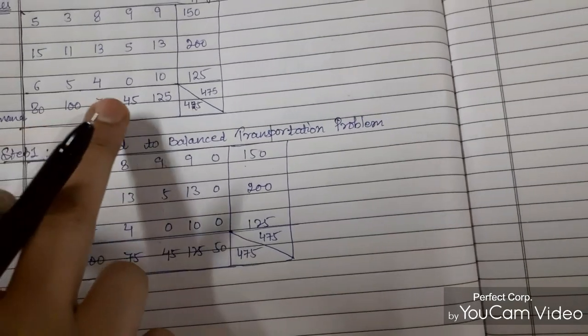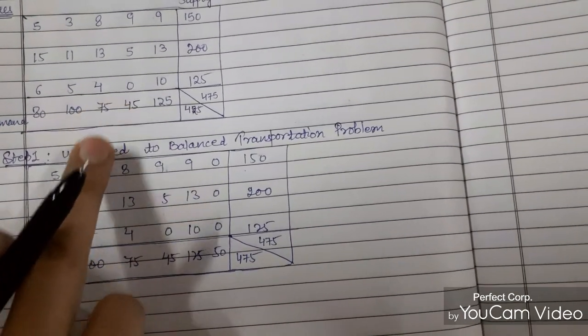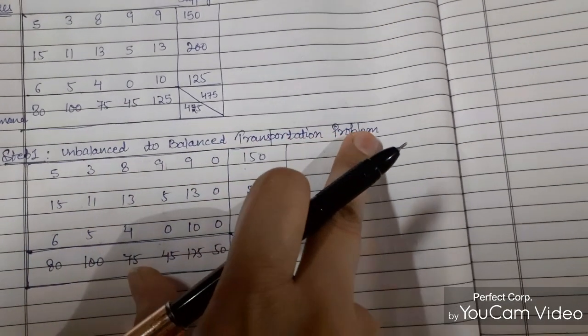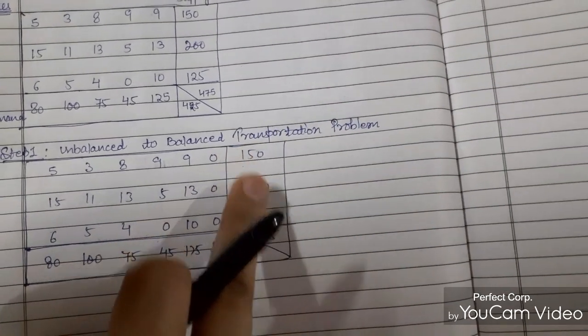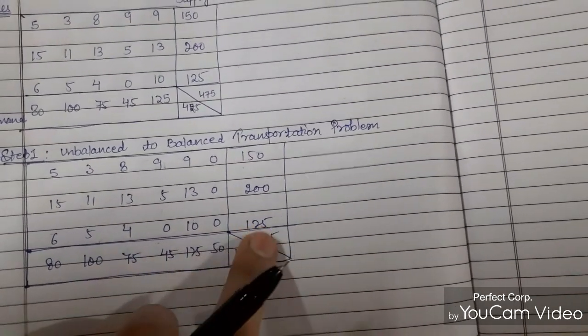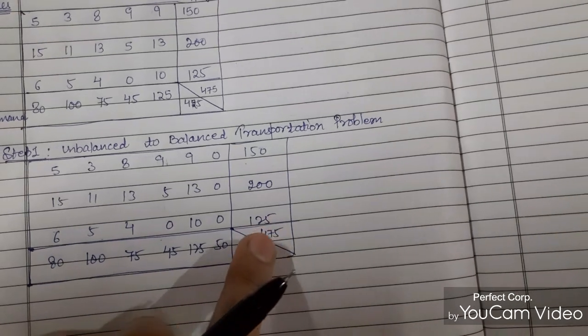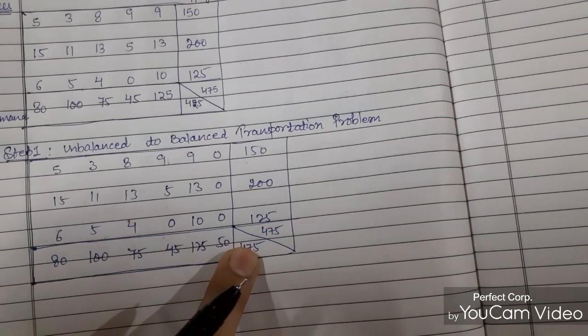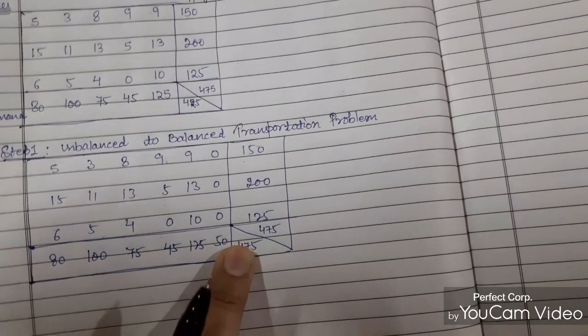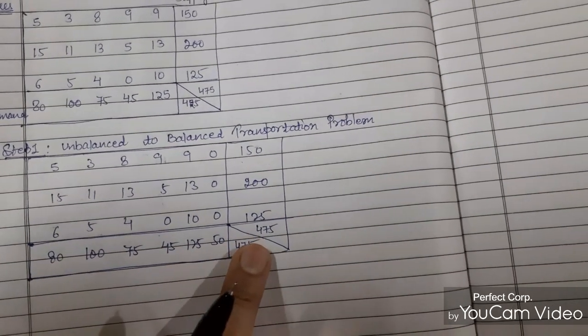So we have converted this unbalanced transportation problem to a balanced one, where the supply and the demand are both equal now. Now we can start solving this balanced transportation problem to find its initial feasible solution.